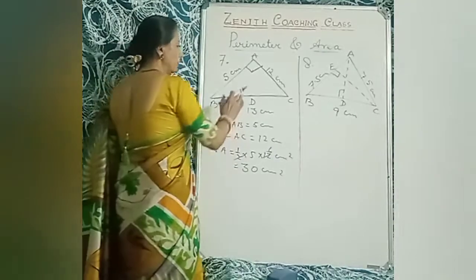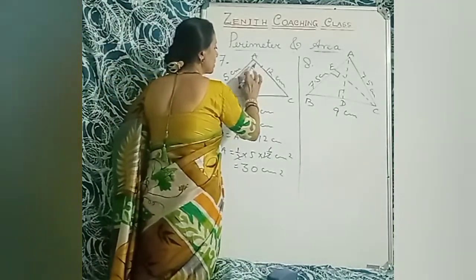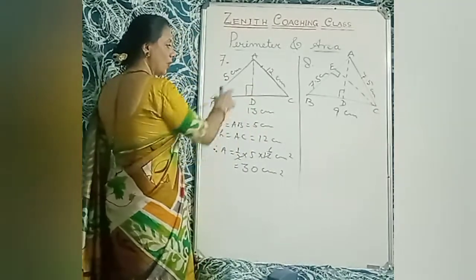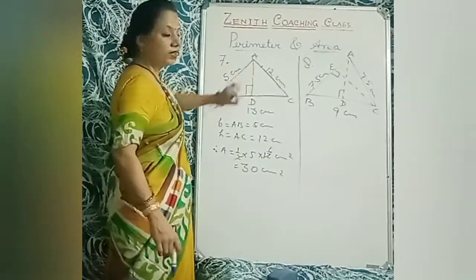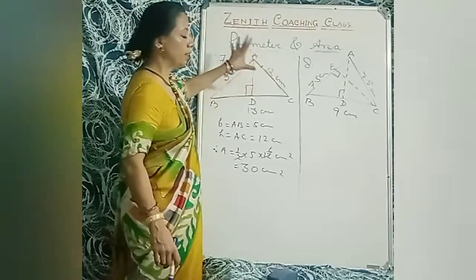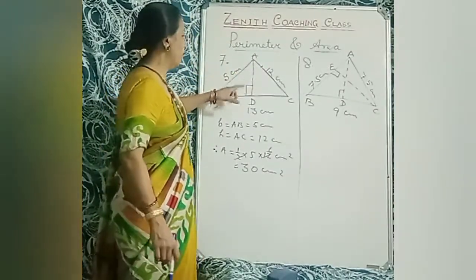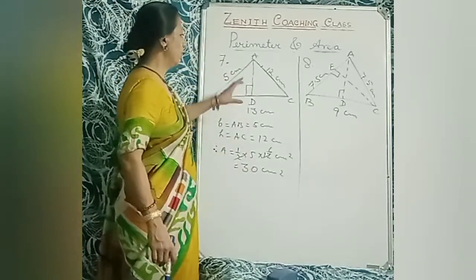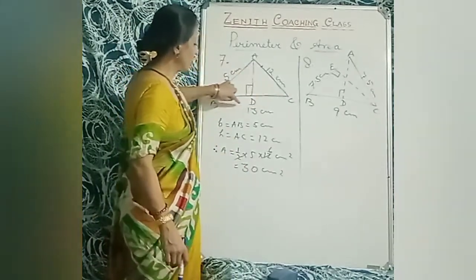Now forget this. Now you have to think about AD. It's also 90 degrees. So now it's the altitude. You found out the area. Now it is the base, that is 13 centimeter.